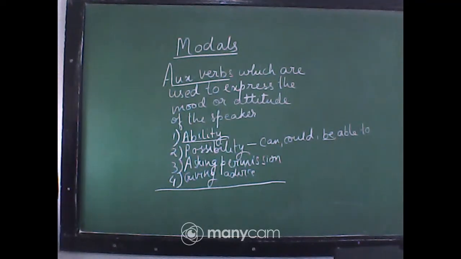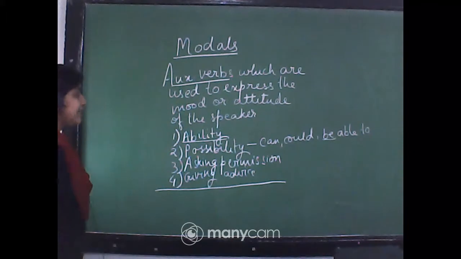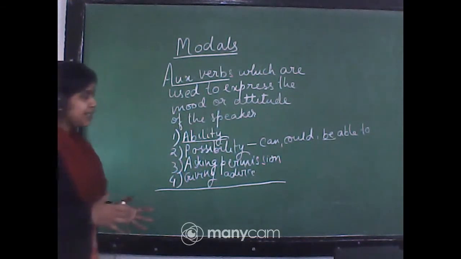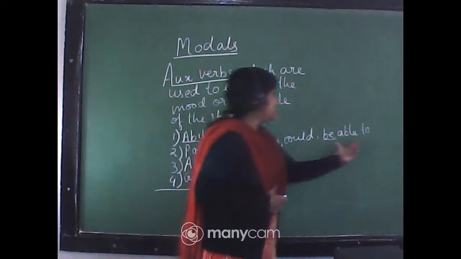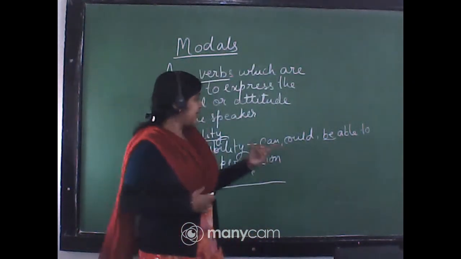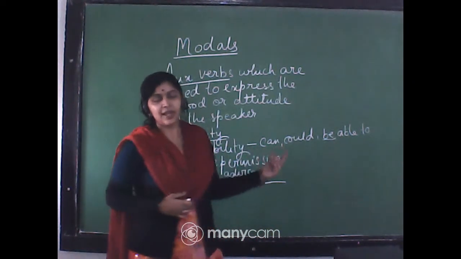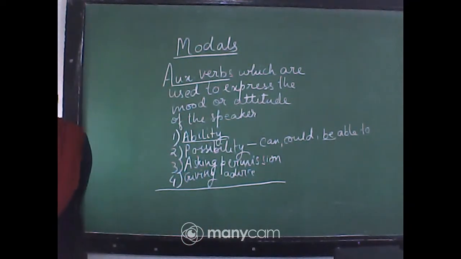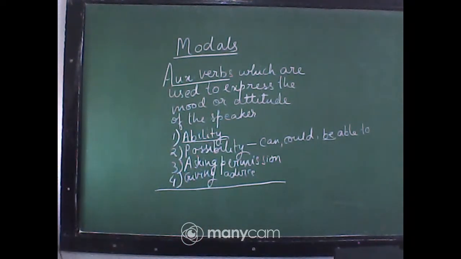Can suggests ability to do something, could suggests the ability in the past, and be able to is also something which suggests the ability of somebody, but it suggests a greater ability than can. So these three ways we can understand the ability of a speaker.